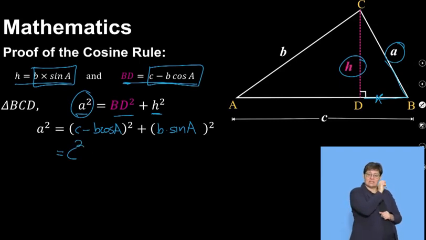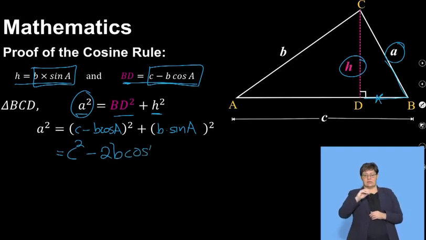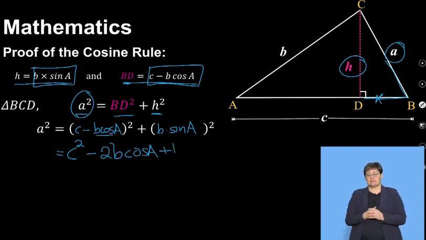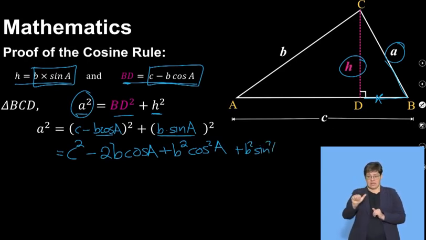It will become C squared minus, if you multiply the 2 and double it, 2BC cos A. Our third term will be squaring this term here, so it will be plus B squared cos squared A. And now we're going to square this one term here. It's a single term, so we just have to square it. So it will be B squared sine squared A.